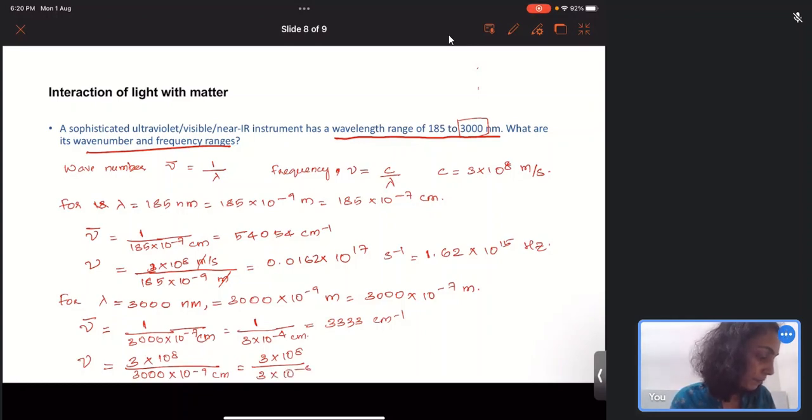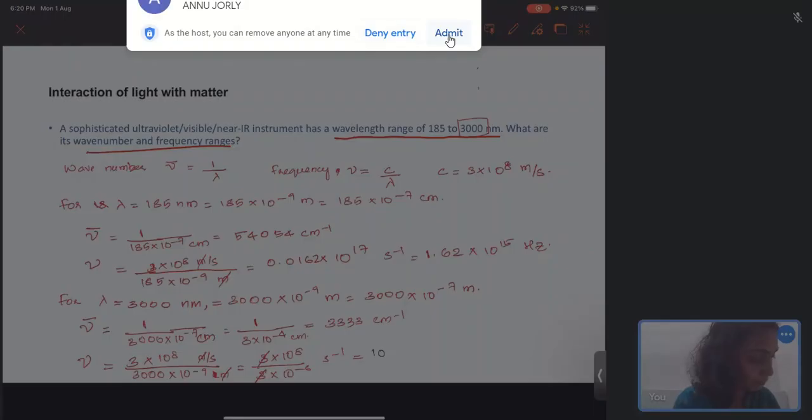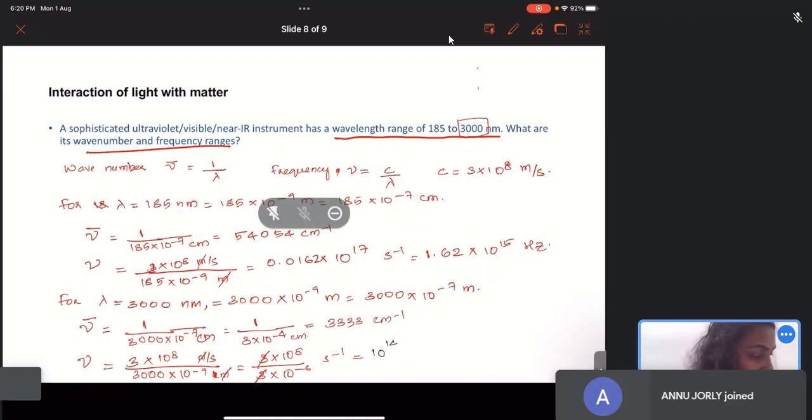This is in meter per second, so we can cut both meters off, and this will be in second inverse. So we'll cut both 3 and we'll get 10 to the power 14 hertz.